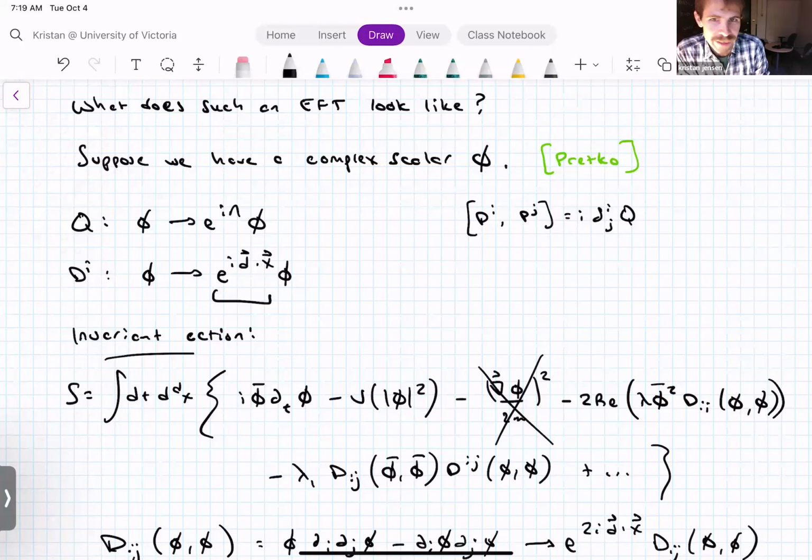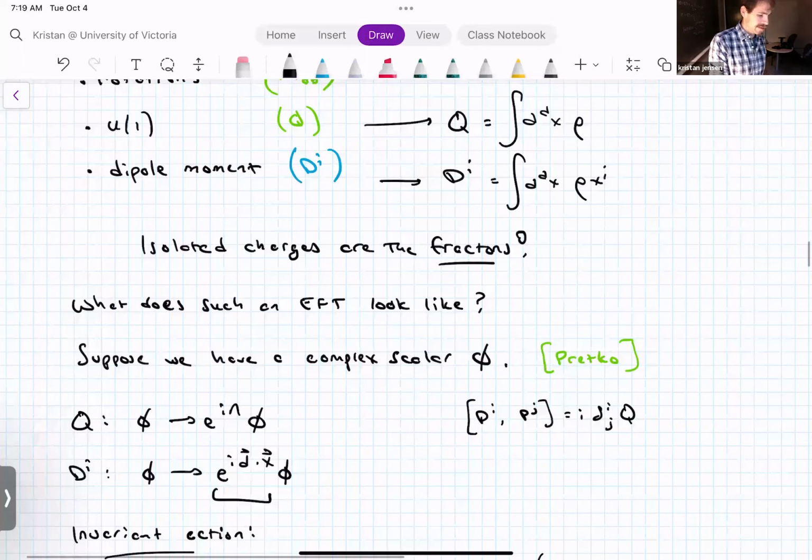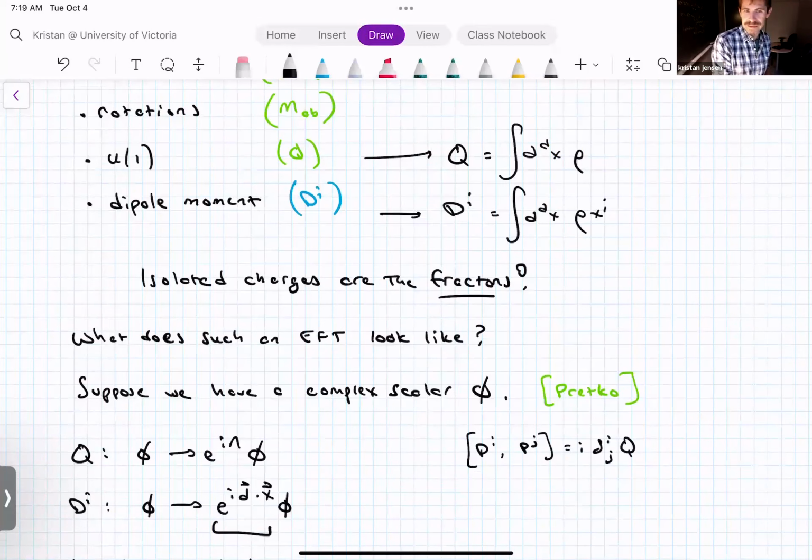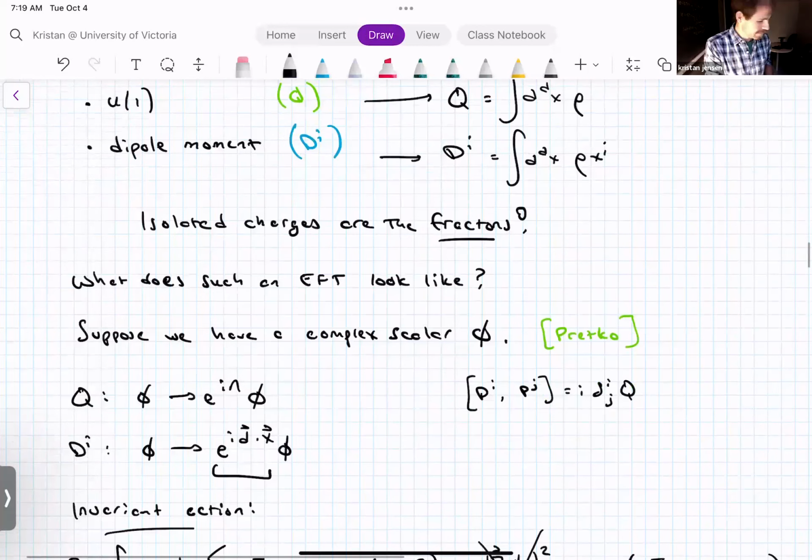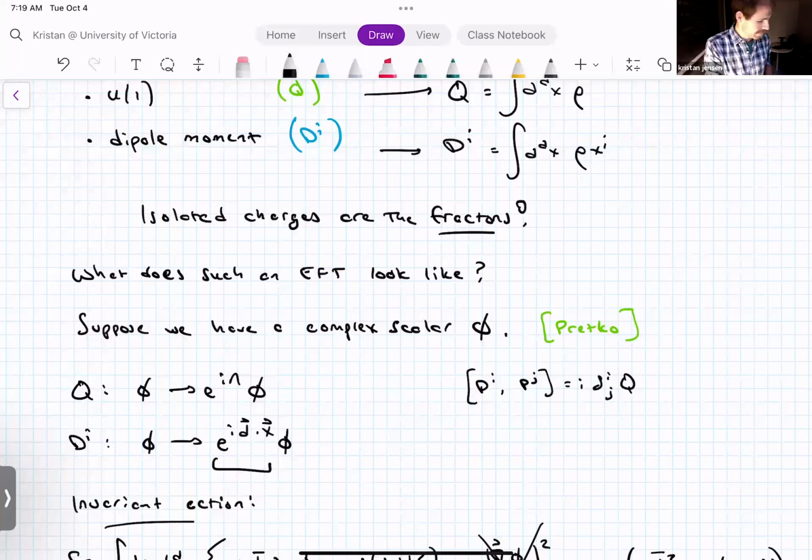A dipole transformation, the one that would lead to a conserved dipole moment, corresponds to a phase rotation by d dot x. And because that phase rotation depends on position, one consequence is that in your algebra of charges, you'll have a non-trivial commutator between translations and dipole.